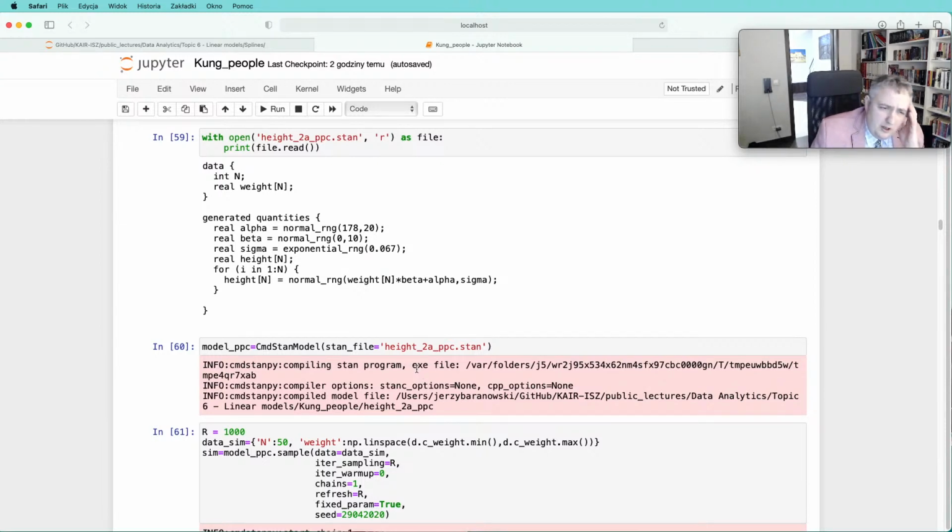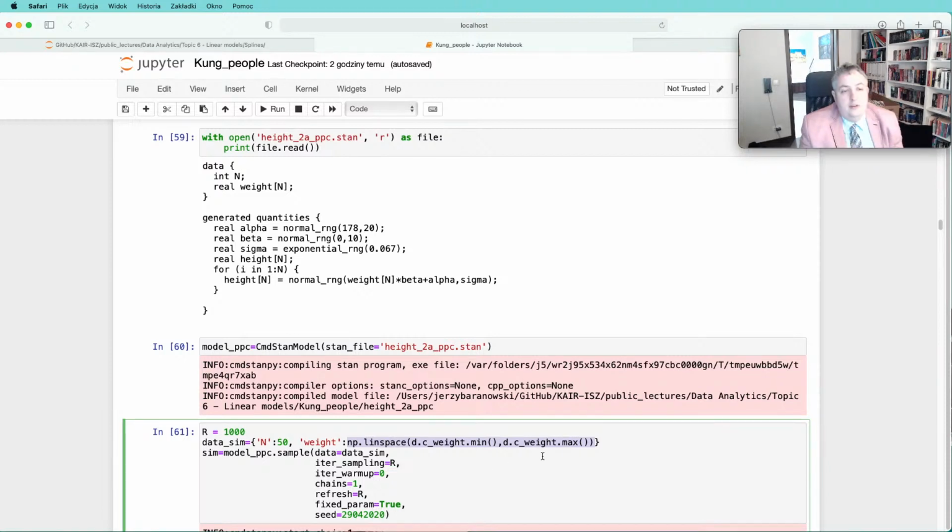The model compiles without any issue. We are not using real data. We just provided 50 samples that are equi-distributed between the minimal and maximal observed weight, of course the standardized weight. Standardization will be in a moment.